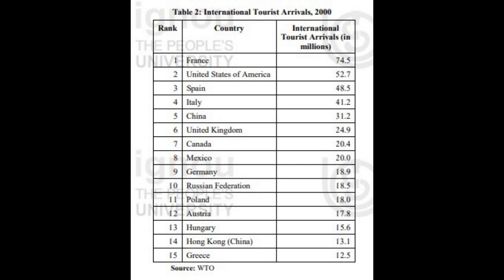Europe continues to attract the maximum numbers, getting 59.3% share out of the total world arrivals in 1993. However, there has been a decline in its share over the years, as in 1980 it was 66% and 62.6% in 1990.